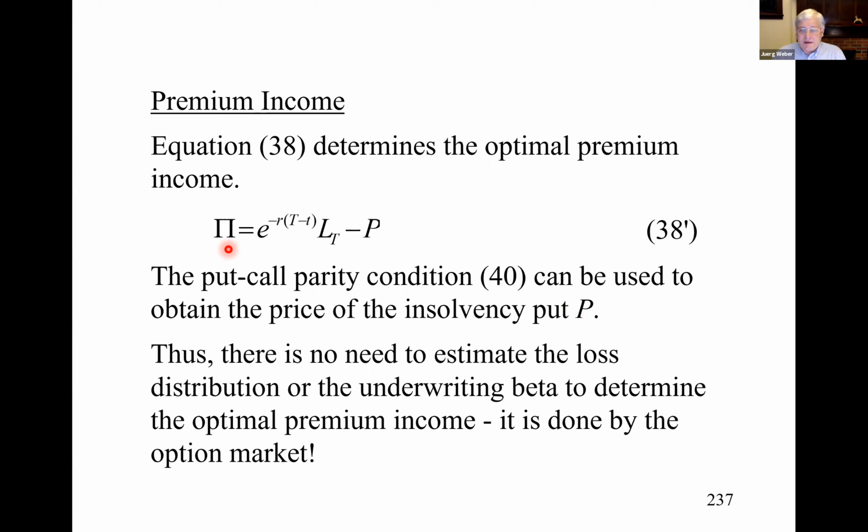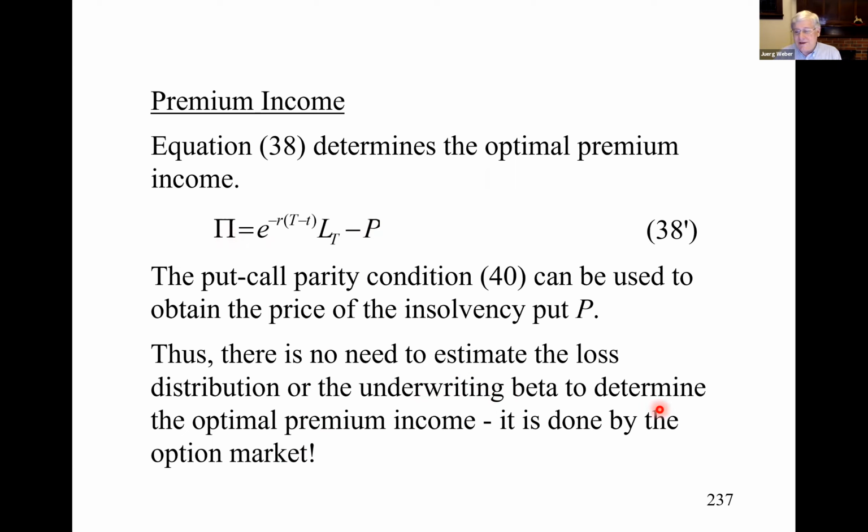So there is no need here to know the distribution of the losses as we had it in the ruin theory. It's not so easy to estimate the loss distribution, but here we don't use it. We also don't need the underwriting beta as in the capital asset pricing model of insurance. Now here, everything is just done by the option market. The only thing you have to observe is actually the price of this insolvency put, and then directly you can calculate the optimal premium income.